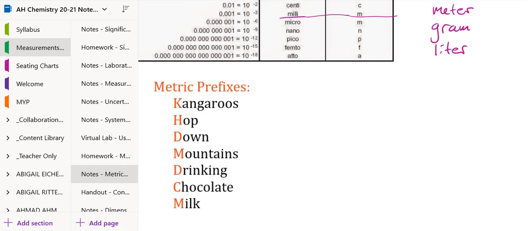So mountains is your base unit. A lot of people will think of it as meters because it's probably one of the first metric units that you are introduced to. And then drinking chocolate milk, D for deci, C for centi, and M for milli. And that's the order of the metric prefixes.